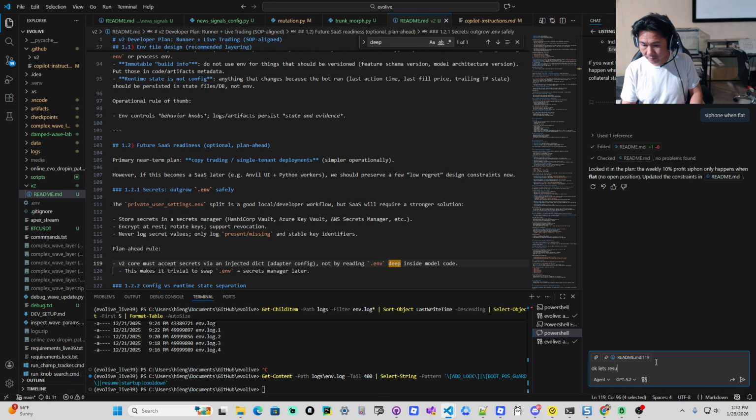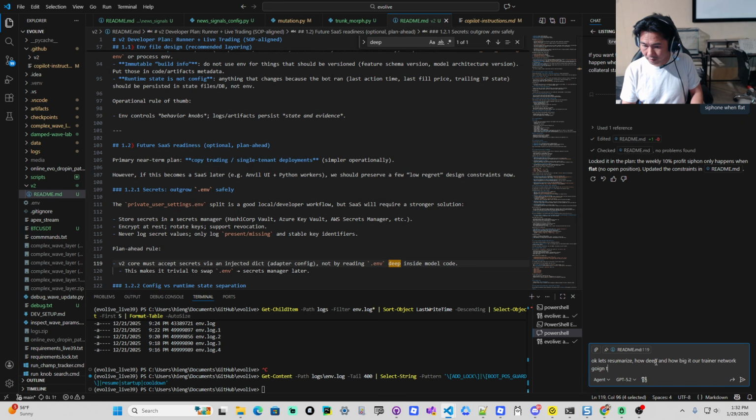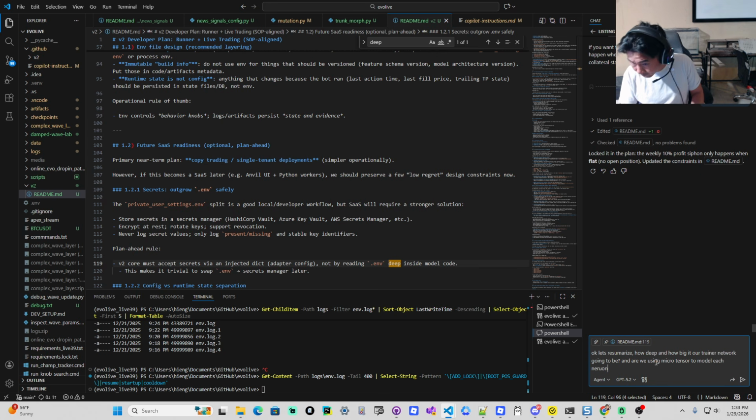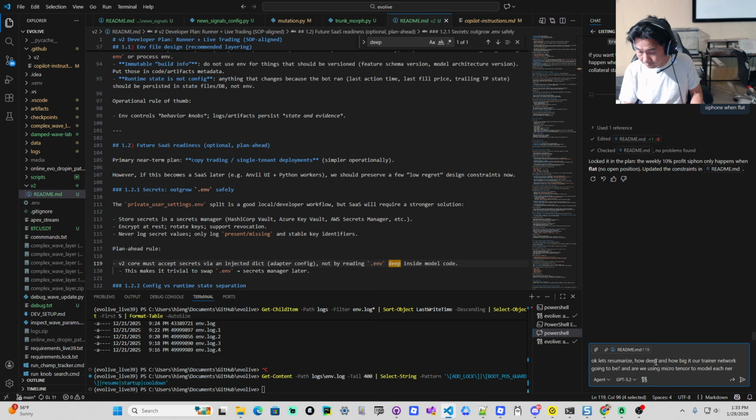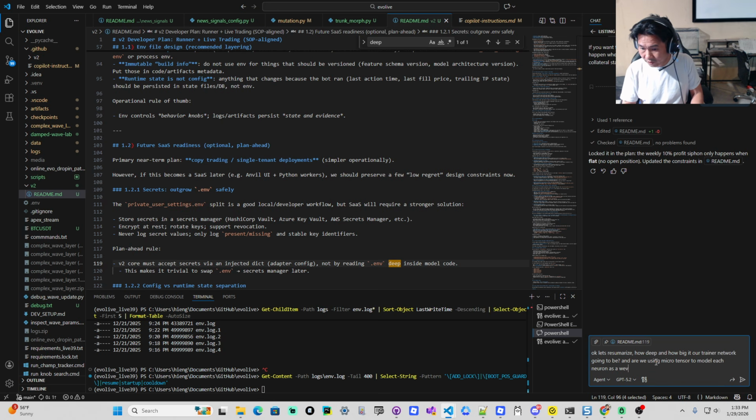Okay, let's re-summarize. How deep and how big is our trainer network going to be, and are we using micro tensors to model each neuron as a wave equation?